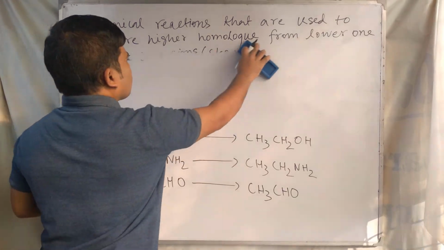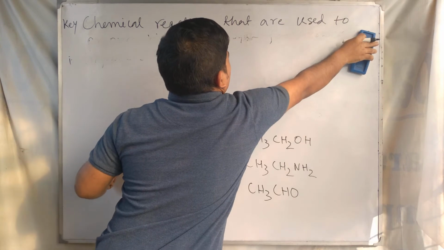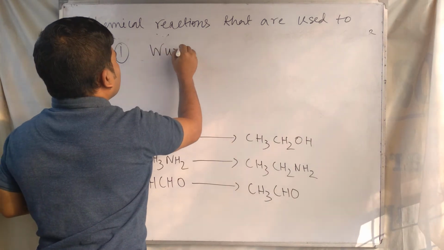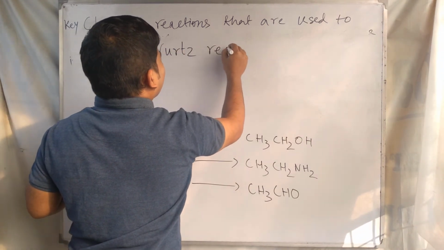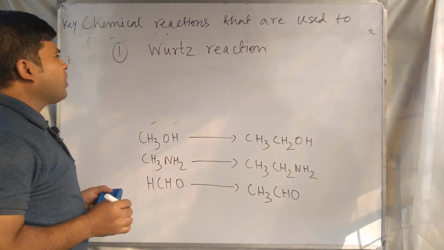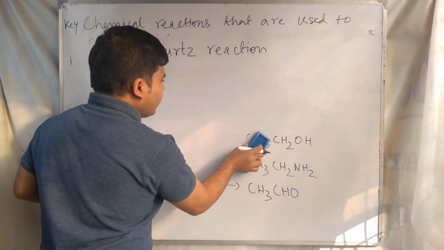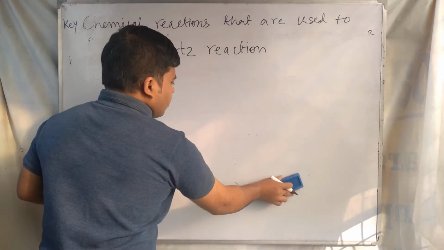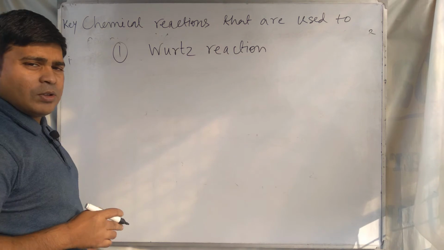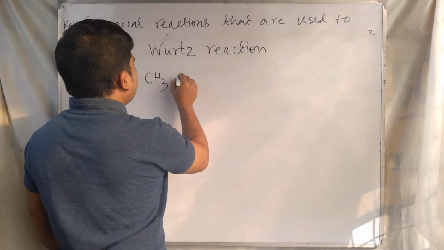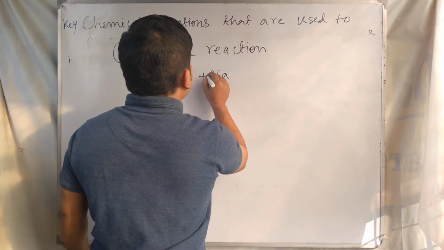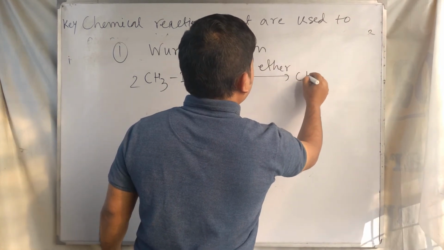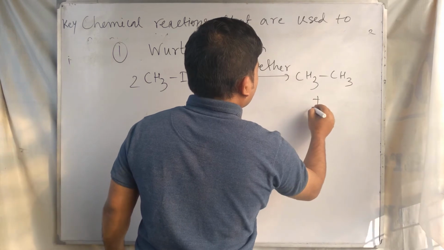Number one is the Wurtz reaction. This is a useful and key reaction to step up the number of carbon atoms, or ascend the series. In the Wurtz reaction, CH3I reacts with sodium in dry ether, and in the presence of dry ether it produces this product.